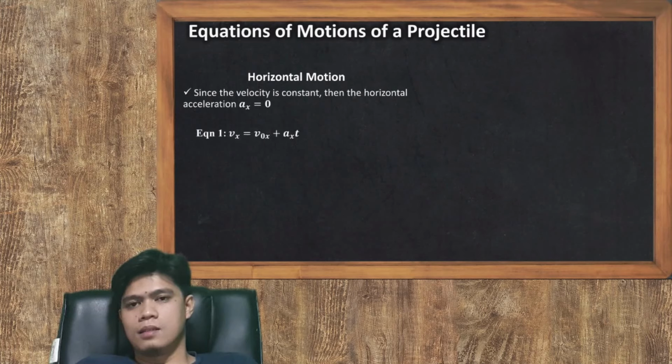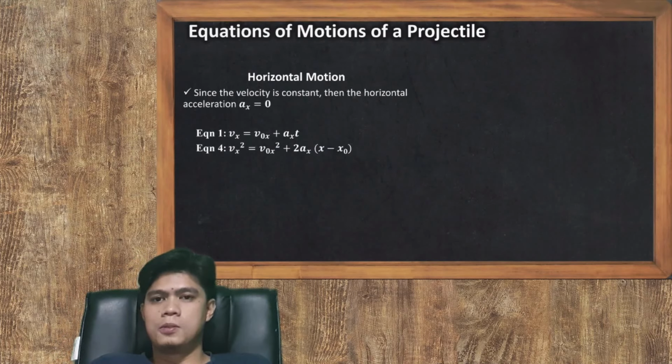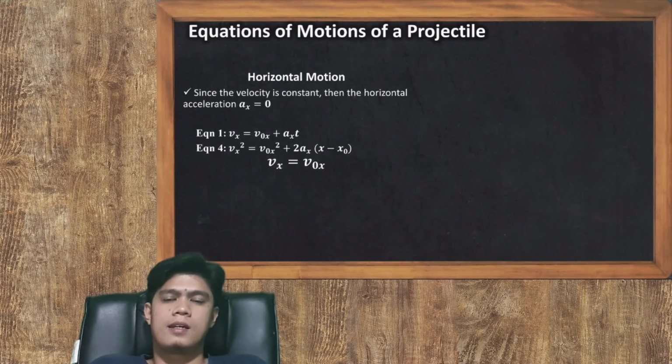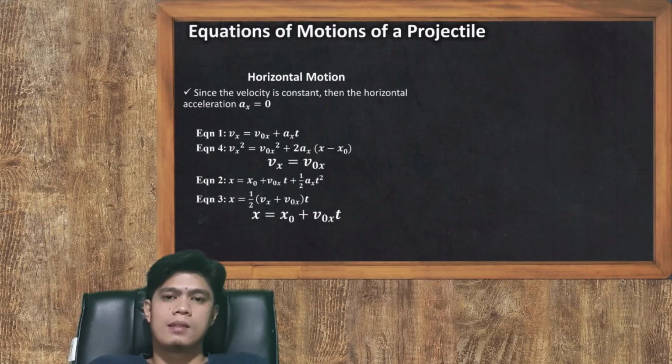Then equation 1 and equation 4 will reduce into Vx is equal to V naught x. Equation 2 and equation 3, since our acceleration is 0, will be reduced to x final is equal to x naught plus V naught x times time.